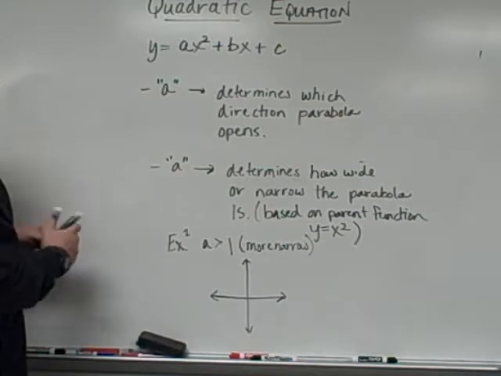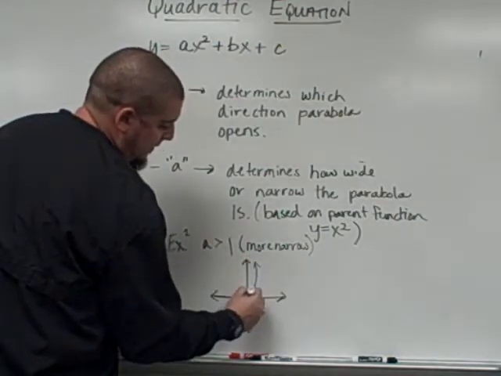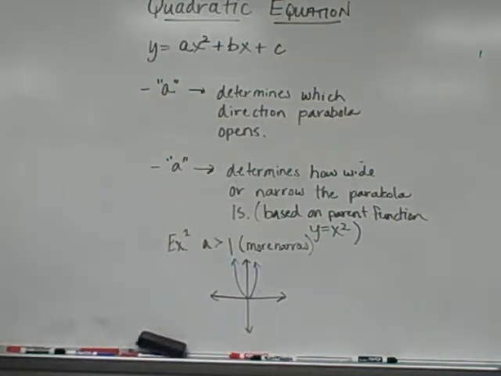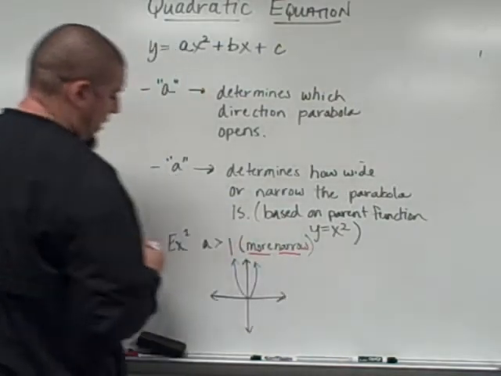Our parabola will be thinner, something like that. And again, it's hard to determine unless you're basing it on the parent function, which we'll talk more about in just a second. So if A is greater than 1, it's more narrow.